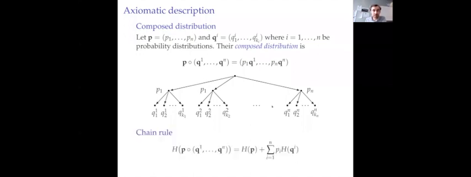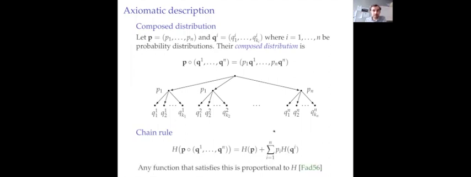And so this entropy obeys this chain rule. Namely, if you compose these distributions like this and you compute the entropy, it's the same as the entropy of this first coin flip, this distribution P, and then a weighted entropy of all these other distributions. And this is not just one property that entropy obeys, but in fact you could also take it as a definition of entropy.